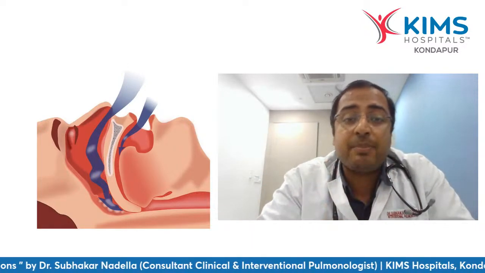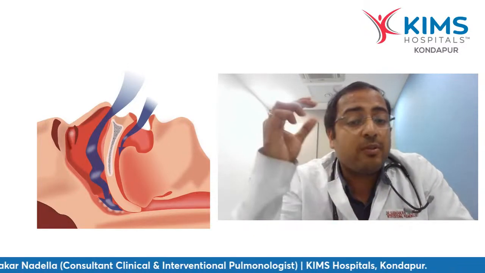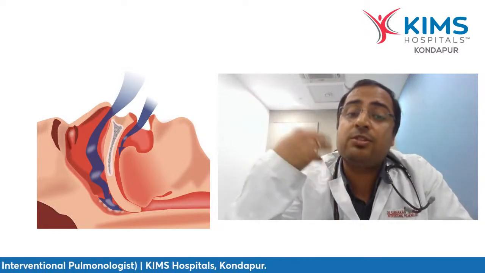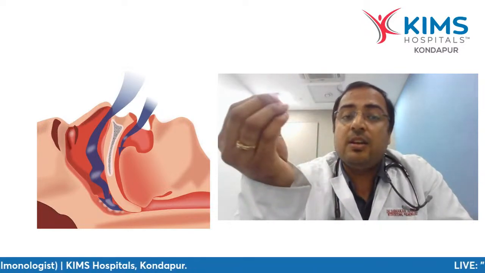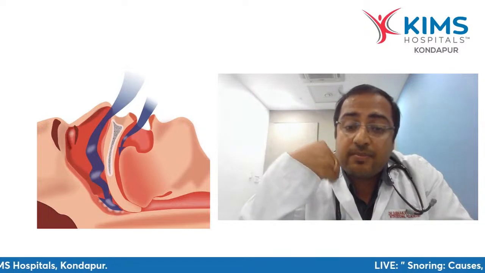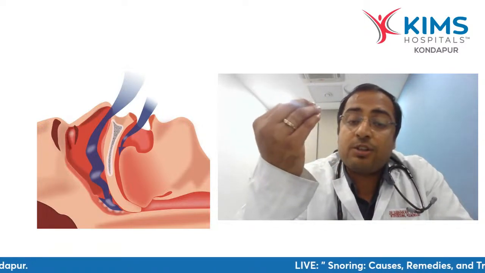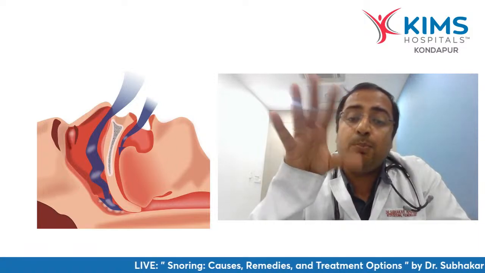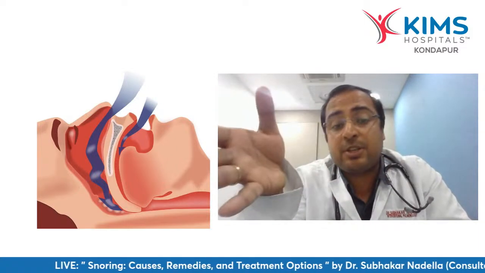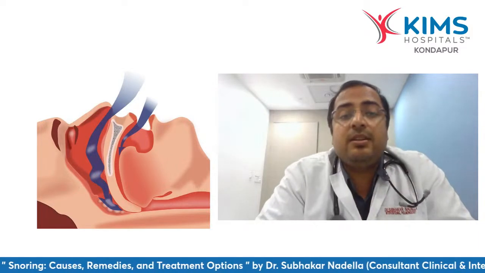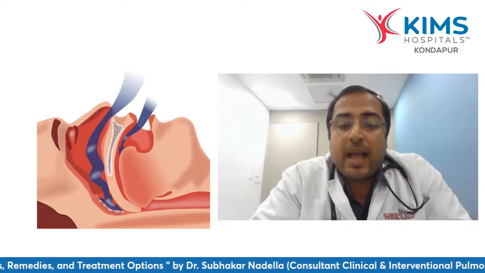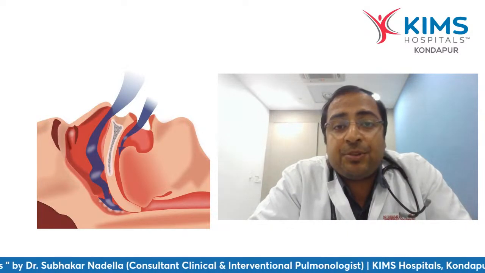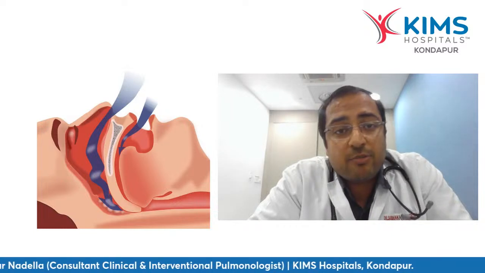In mixed apneas, sometimes the brain itself doesn't give the stimulus for us to breathe, and even when the stimulus is there, the air doesn't go inside. So we see both central and obstructive apneas in mixed apneas. So we will know whether the patient has obstructive, central, or mixed apneas.